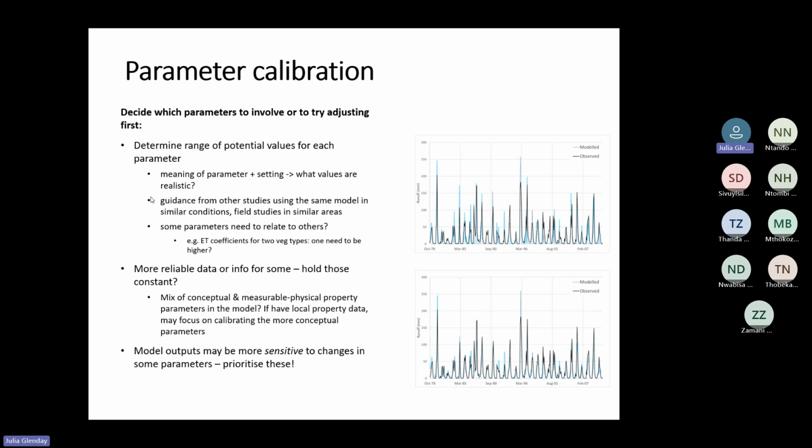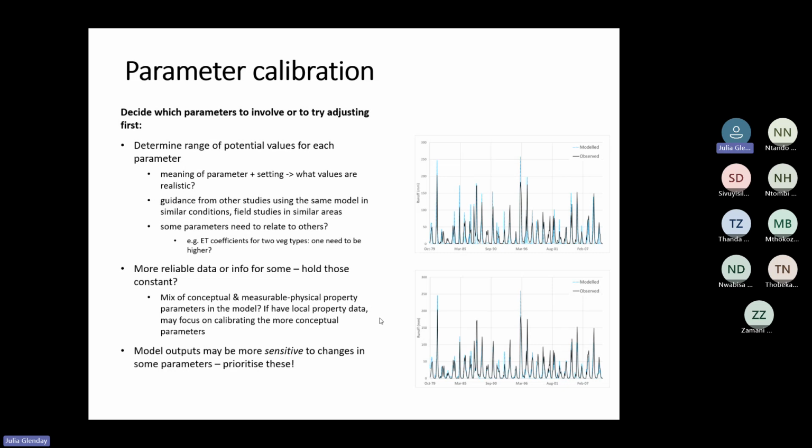So to determine a range of values for each parameter, I have to look at what values are realistic, using guidance from other studies that have used the same model in similar conditions, field data, and how some parameters relate to others so that you remain realistic to the vegetation type or the soil type.